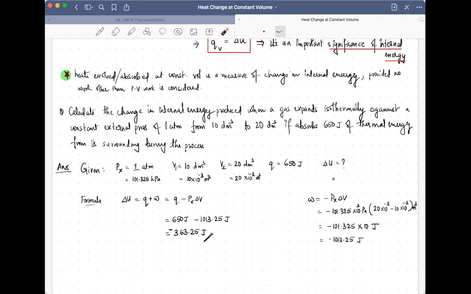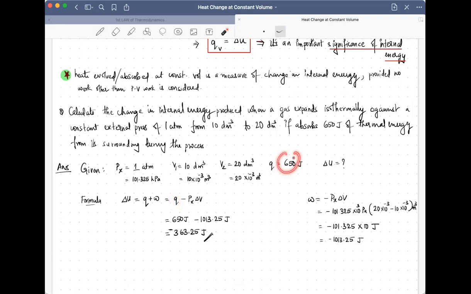Again, we are going to use the formula that we used just now, which is basically the first law of thermodynamics, delta U equals Q plus W. Since we are considering the pressure volume work, we can convert W into the PV format, so it would be Q minus Pex delta V. This part, Q, we know.